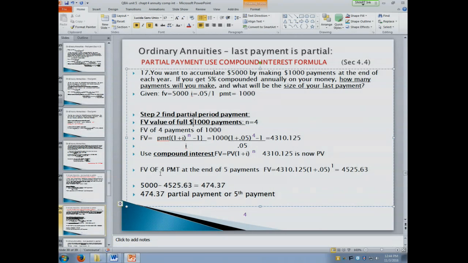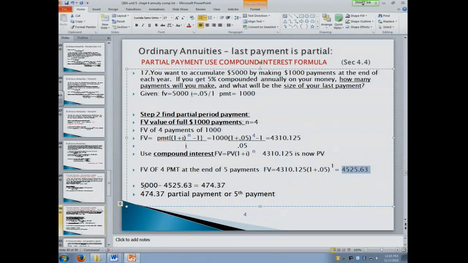So we want to know the future value of those 4 full payments at the fifth payment. So we use our compound interest formula: 4310.125, at 5% for 1 year. So it's going to be worth $4,525.63.